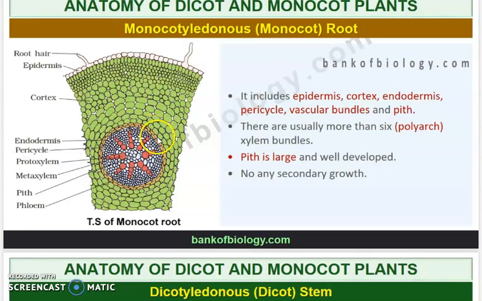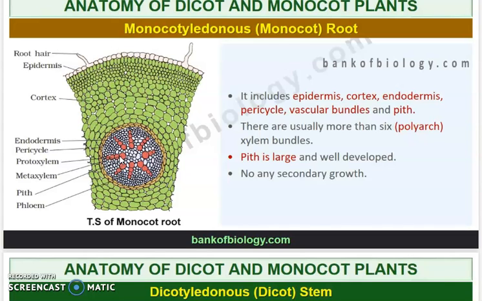The only difference is they will have more than 6 xylem bundles, and the pith will be large. In monocot root, we are able to find that the central pith portion will be large and well developed. But in the case of dicot, we saw that the pith was small, or inconspicuous.